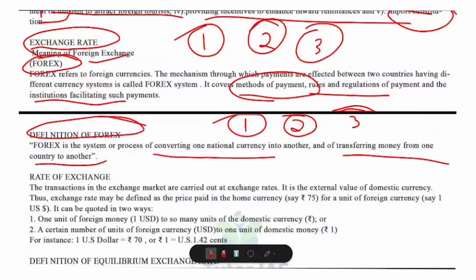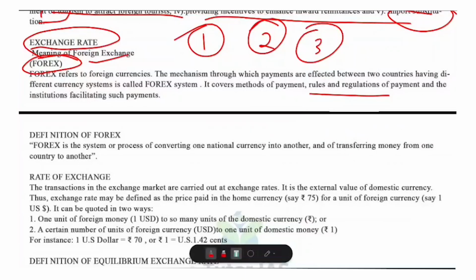So why is Forex important? Tell me, why is Forex or foreign exchange important? First reason, as I have already told you, for international trade. Countries need Forex to pay for imports and receive payments for exports. Then investment. Foreign investors bring in money which must be converted into local currencies. Then travel and tourism. Tourists use Forex to spend abroad.